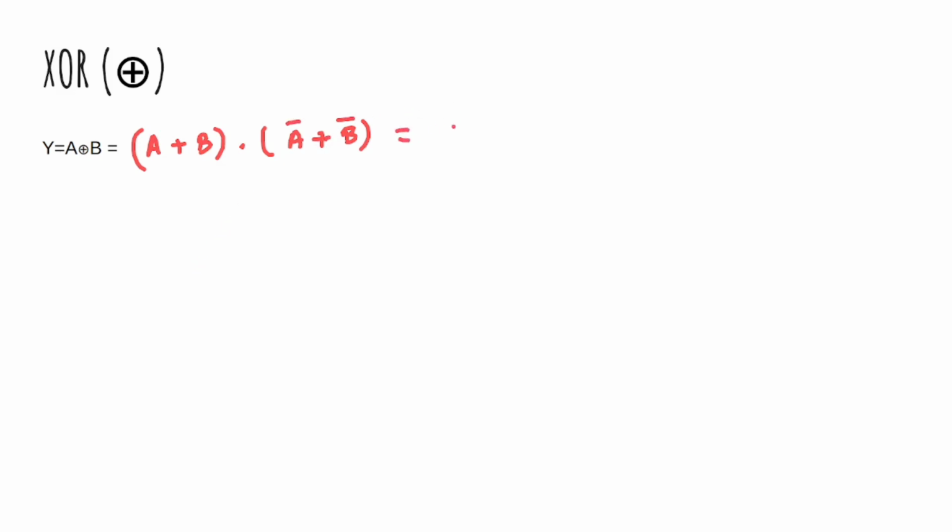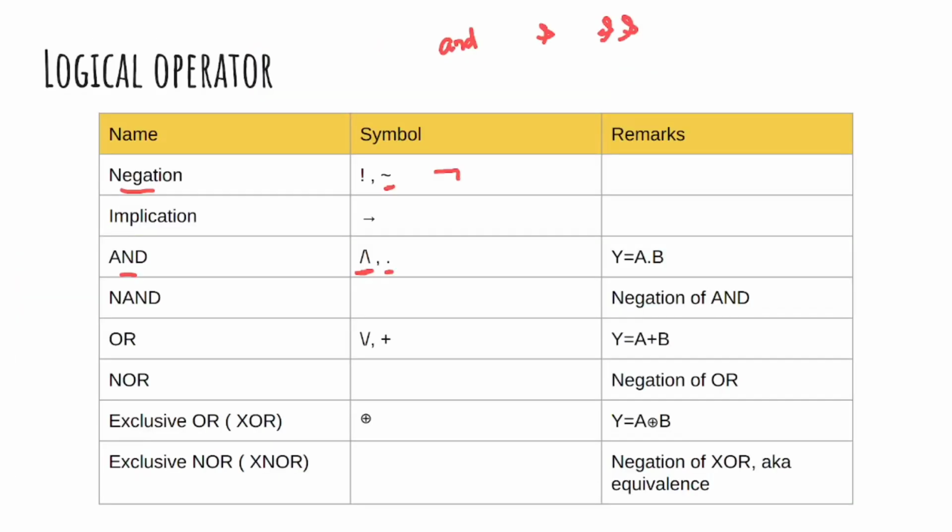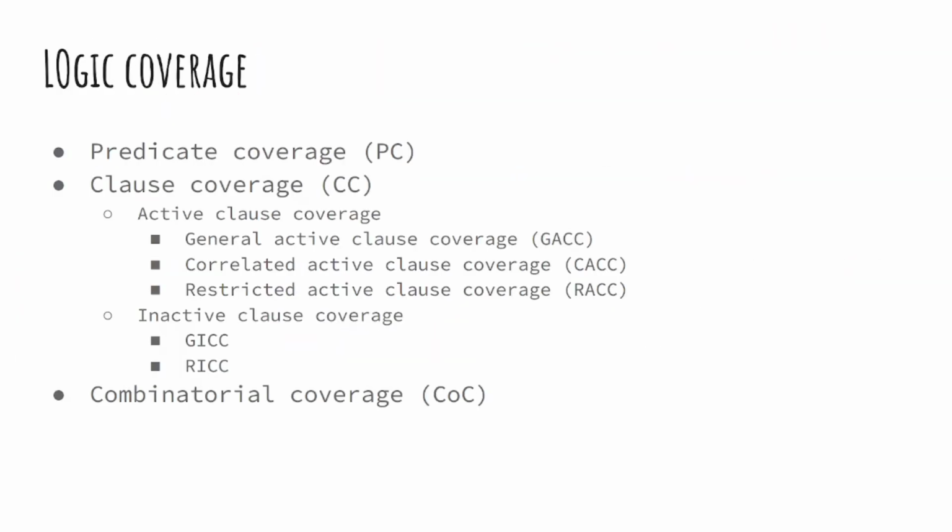If you multiply both sides it will become A B complement, or B negation plus B, or you can write A complement, or A negation of A B. So this will be the final result. Exclusive OR will be used very extensively to understand the concepts of this week: predicate coverage, clause coverage. Thank you.